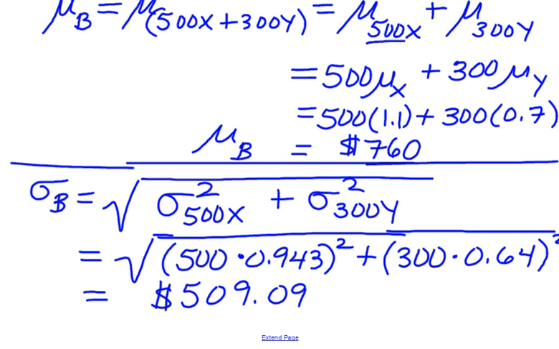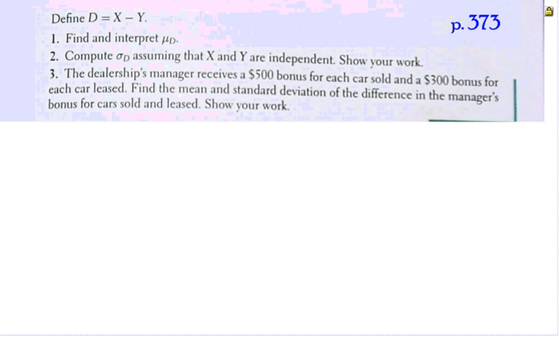Next, we want to take the same scenario and ask some questions about the difference. So if you'll now go to page 373, we now want to define D as the difference between X and Y. The difference in the number of cars leased and the number of cars sold.